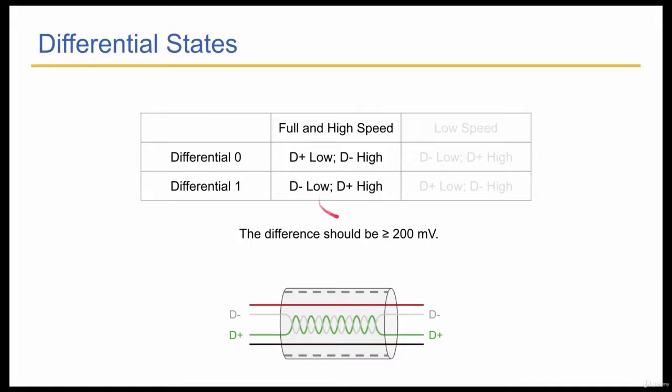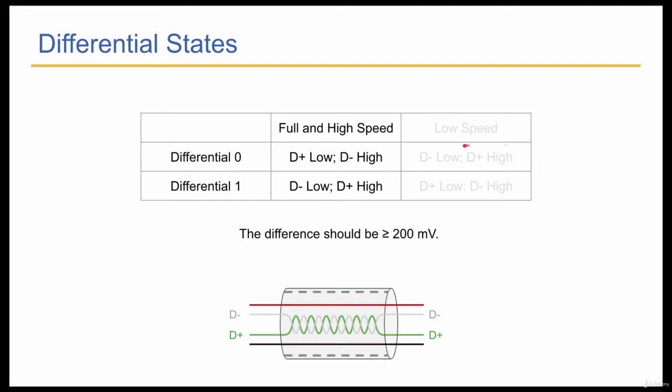And here you probably noticed that I'm showing you also the logical or electrical states for USB low speed. Sometimes I will be showing you the case of USB low speed just to let you know that the signals may differ depending on the USB version or depending on the USB speed.